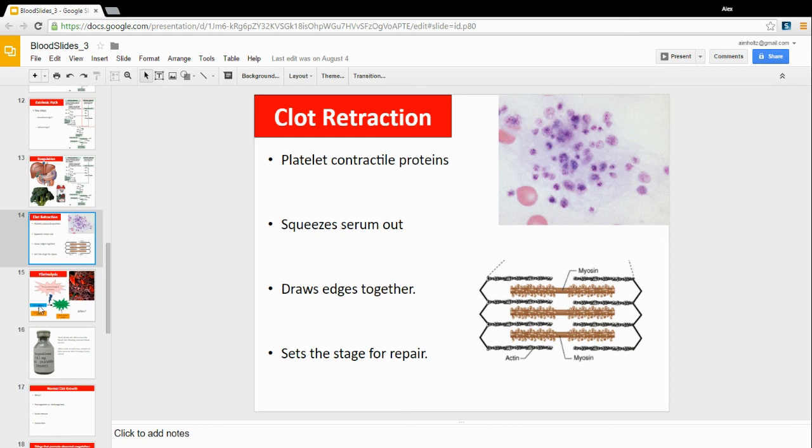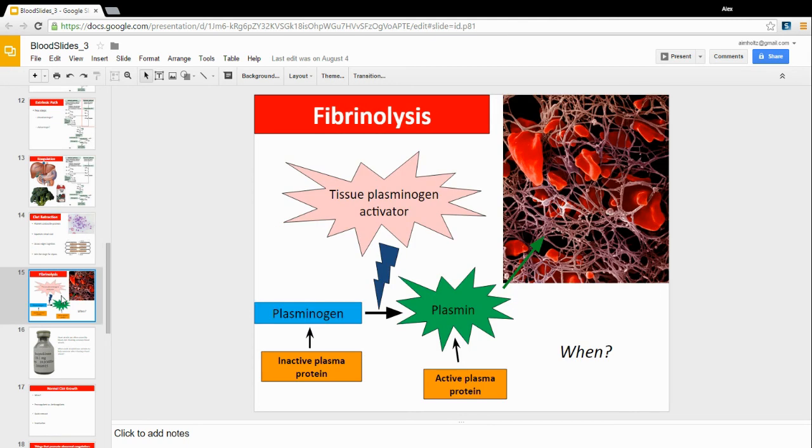And eventually we'll do that. We'll regrow the tissue. Once we've regrown the normal blood vessel wall, we got to destroy the clot. The clot is destroyed by a chemical called plasmin. Plasmin is an active version of a normal plasma protein made by the liver called plasminogen.